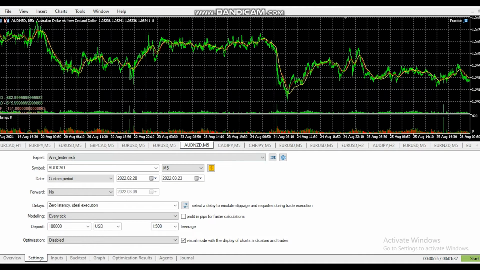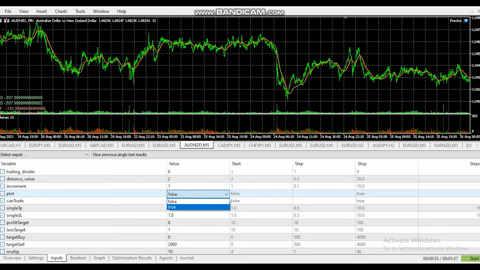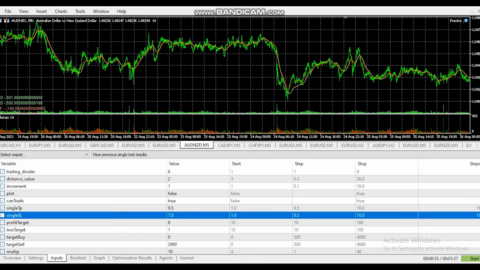And once we have our predictions, ANN tester will then have predictions for each point that it's inserted, and we can then begin to see how it performs. So plot will be false, can trade, set that to true, and then here I have these two values, single TP, single stop loss.